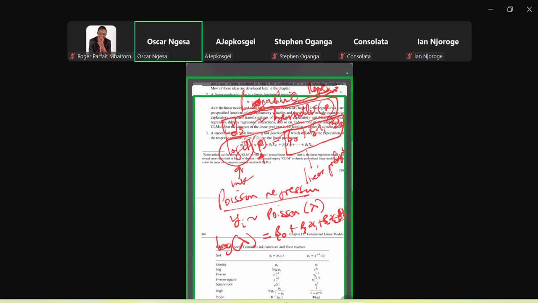Is that okay? Another volunteer, can you show me in this Poisson regression the random component of the GLM? Any volunteer? Because if I leave the screen, then I lose what I'm writing.